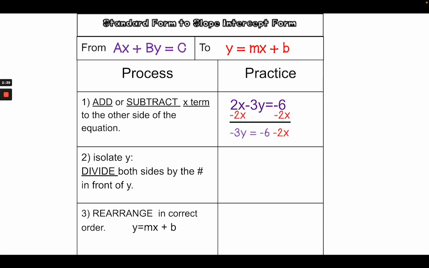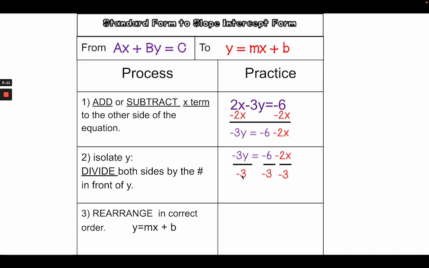Okay, we're going to continue on with our negative 3y equals negative 6 minus 2x. And we're continuing to isolate the y. So whatever is in front of the y, we need to divide it to the other side of the equation. So I'm going to divide by negative 3. But whatever I do to one side of the equation, I have to do to the whole equation. So divide by negative 3, divide by negative 3, divide by negative 3. And let's simplify and figure out what we have left.